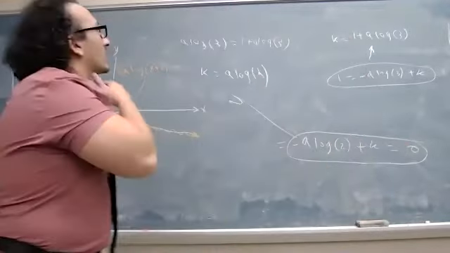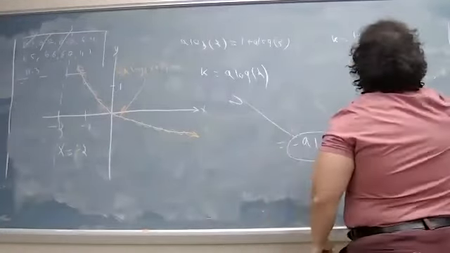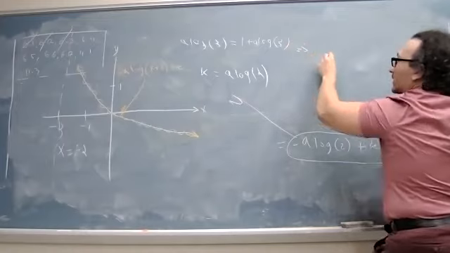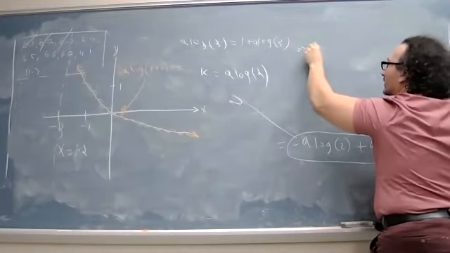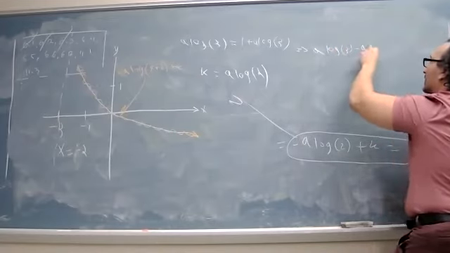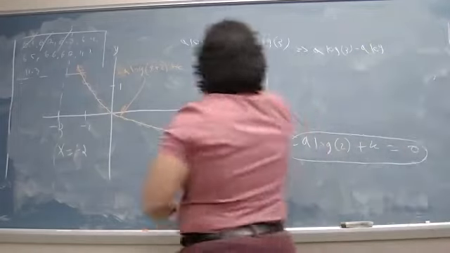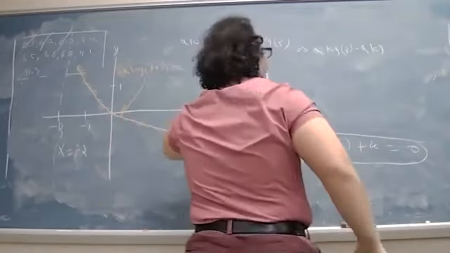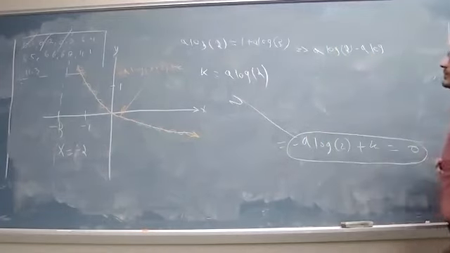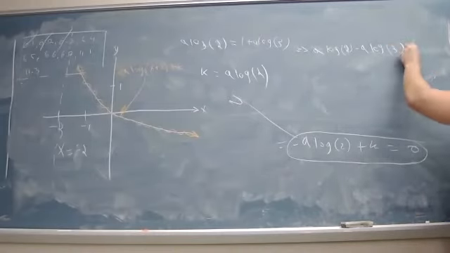All right. So then we can combine the terms that have the a together and let them hang out on one side of the equation so we can factor out the a. So then I get a log of 2 minus a log of 3 is equal to 1.